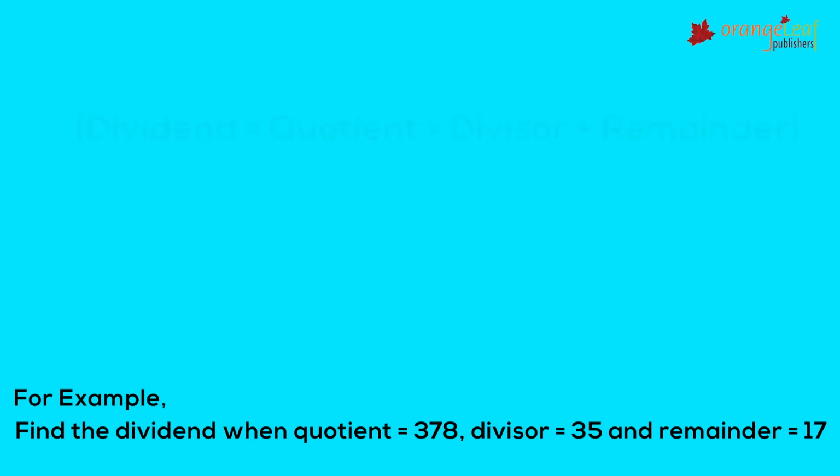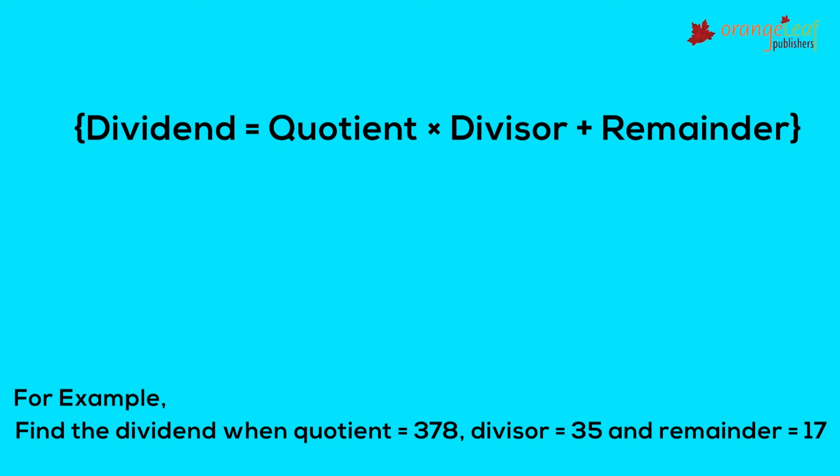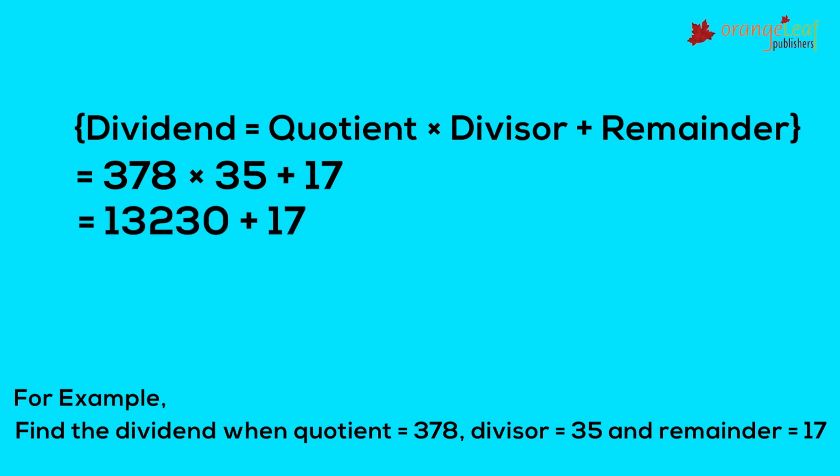Use the formula where dividend is equal to quotient into divisor plus remainder, which is equal to 378 into 35 plus 70, which gives us 13,230 plus 70. So we are left with the answer 13,300.